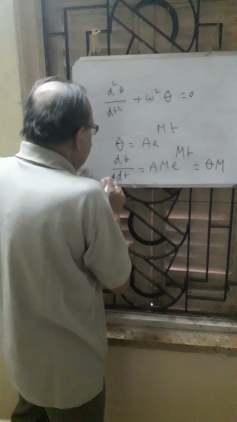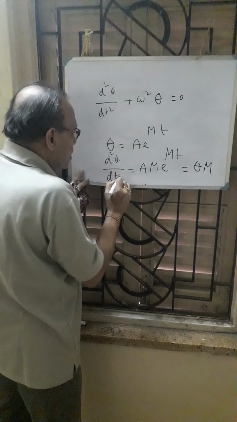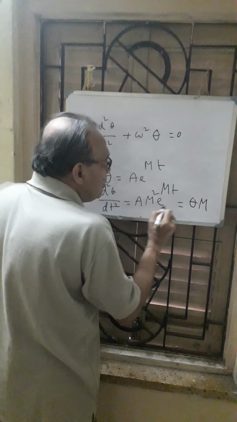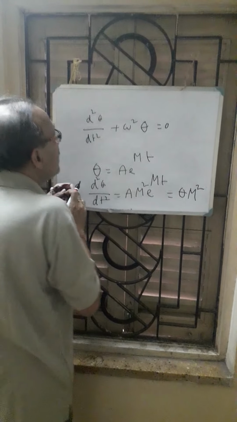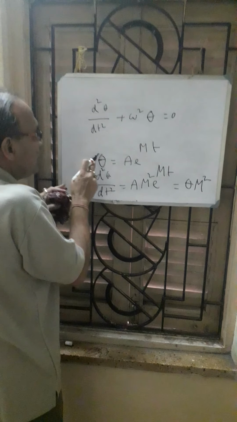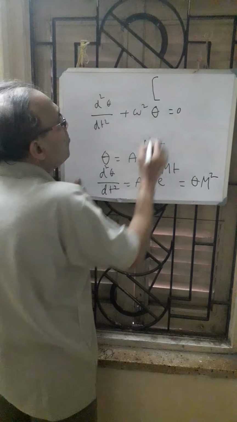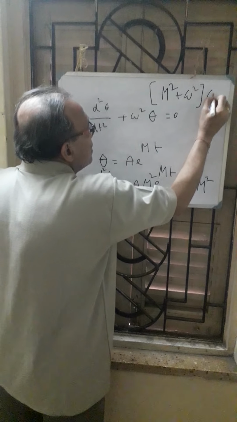If I do again, I get d2 theta dt2. I again differentiate, m square will come, and theta is that, it will be m square. Then I replace it by theta and d2 theta dt2. I get simply m square plus omega square theta equal to 0.